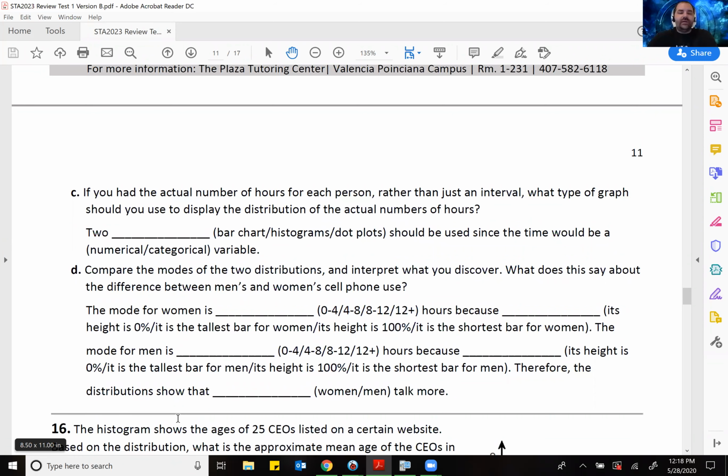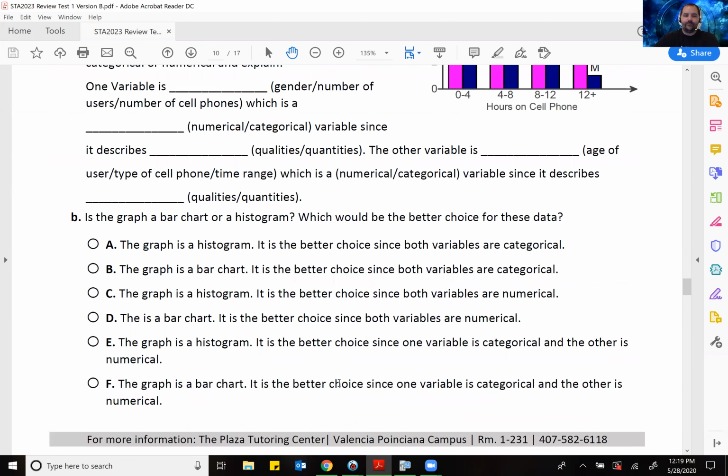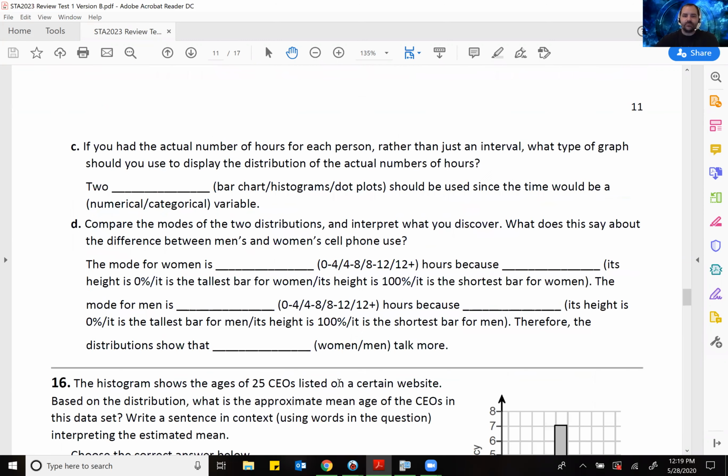Because once you get the actual number of hours, now we're numerical. Does that make sense? So once we actually get those hours, the histogram would be your better choice. It also says dot plots. Interesting, because dot plots wouldn't be too bad either.